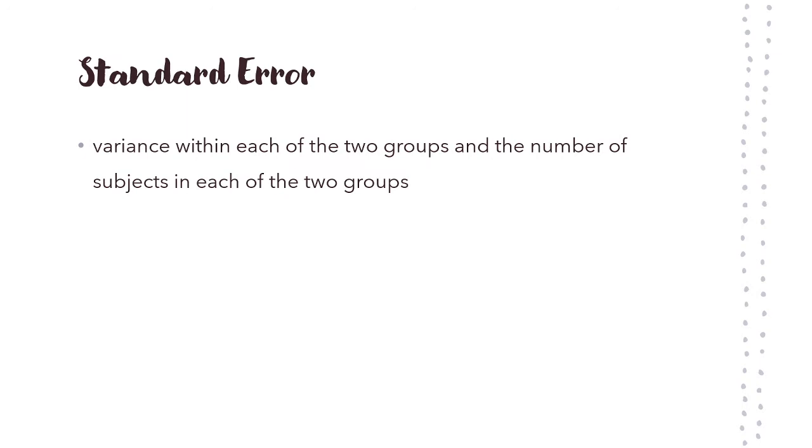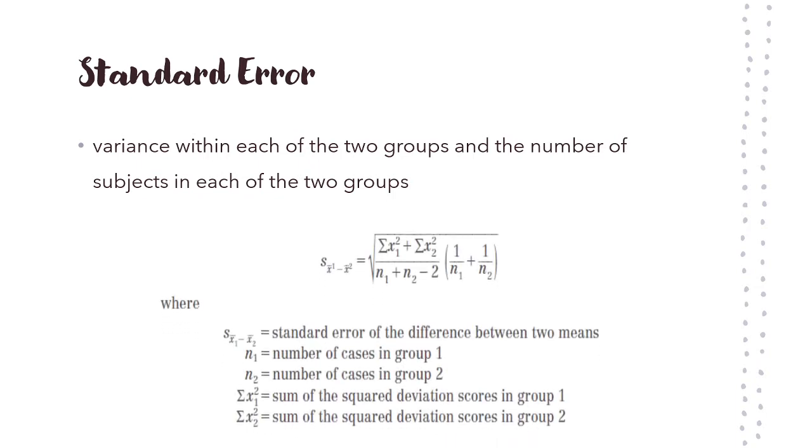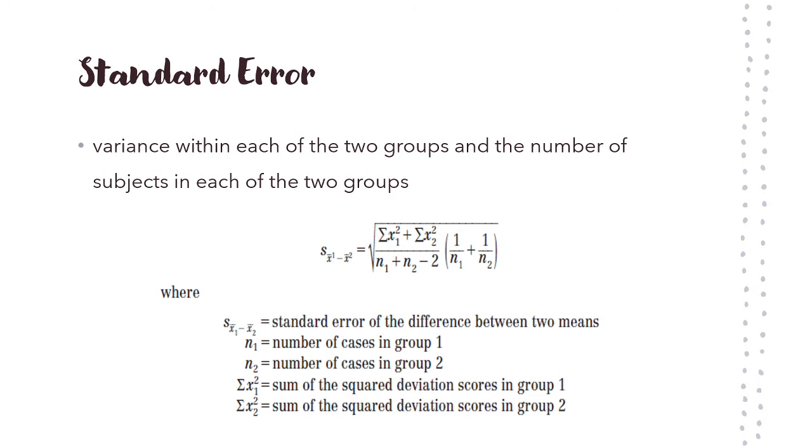One important term in the independent samples t-test is the standard error. It is based on the variance within each of the two groups and the number of subjects in each of the two groups. So this is the formula of the standard error.